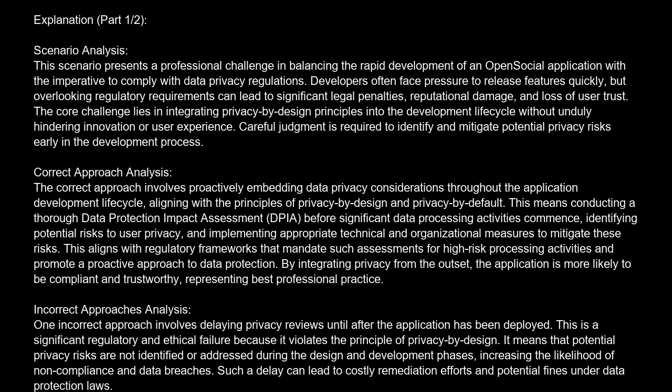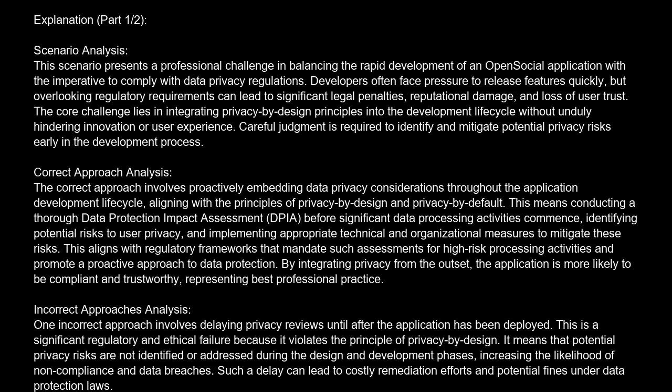This aligns with regulatory frameworks that mandate such assessments for high-risk processing activities and promote a proactive approach to data protection. By integrating privacy from the outset, the application is more likely to be compliant and trustworthy, representing best professional practice.